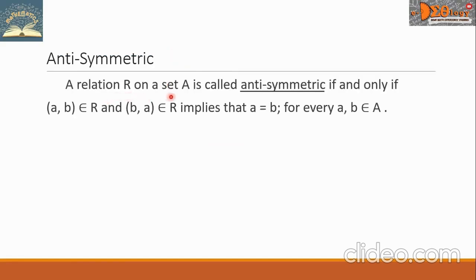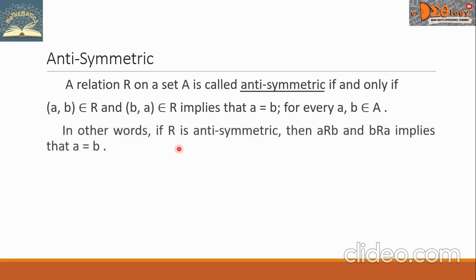A relation R on a set A is called anti-symmetric if and only if the ordered pair (A, B) is an element of R and the ordered pair (B, A) is an element of R implies that A equals B, for every A and B as elements of set A. In other words, if R is anti-symmetric, then A is related to B and B is related to A implies that A equals B.